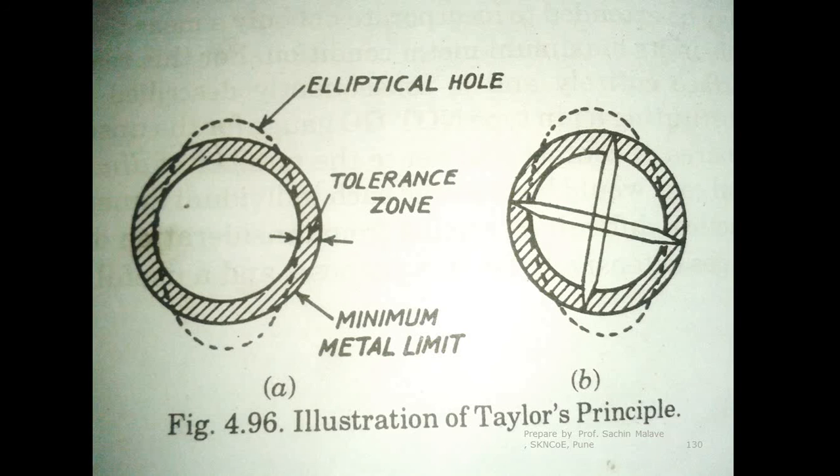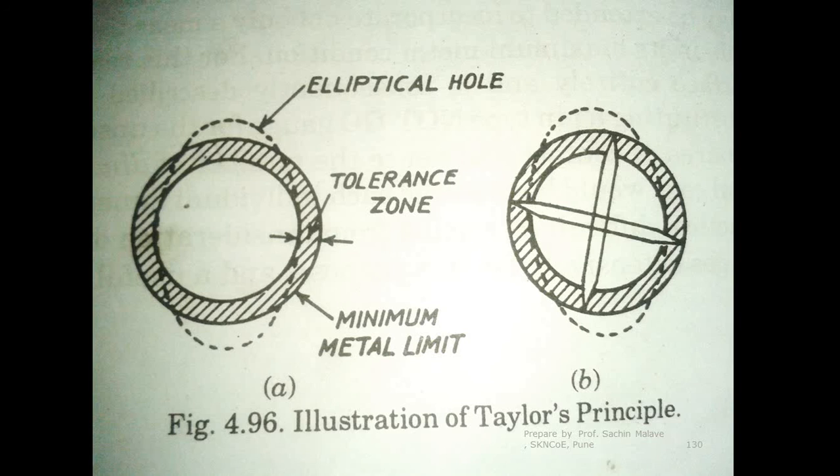So the no go end size is larger than the actual elliptical hole. That's why the no go end is not going to pass. So when you try to insert, the go end is passing, and then the second condition, the no go end is not passing through this elliptical hole. So the second condition is also satisfied.